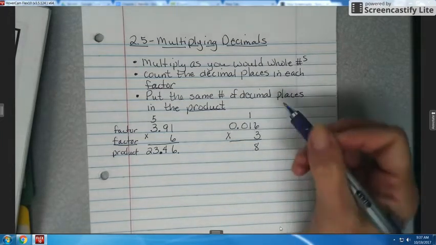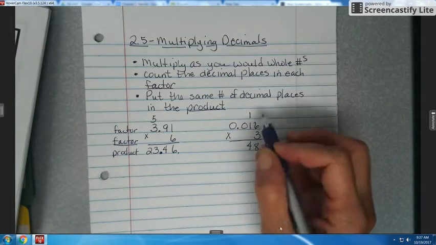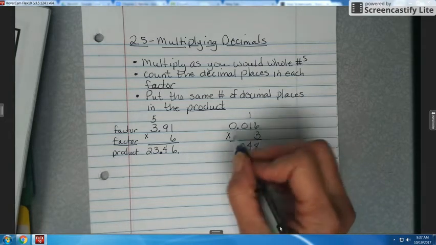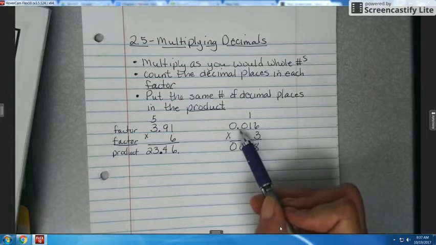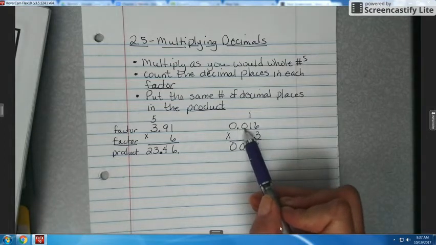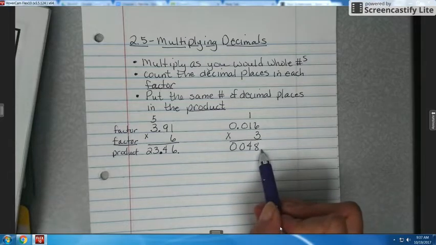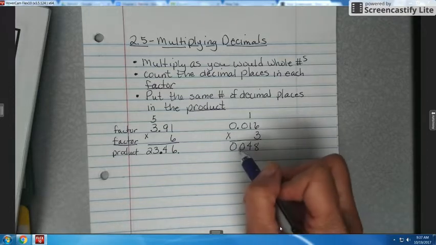Regroup the 1. 3 times 1 is 3, plus 1 is 4. 3 times 0, and if you would like to, 3 times 0. So I'm counting the digits to the right of the decimal point, 1, 2, 3. There is none down here. And then I'm coming down to the product and putting in 3 decimal places, 1, 2, 3.